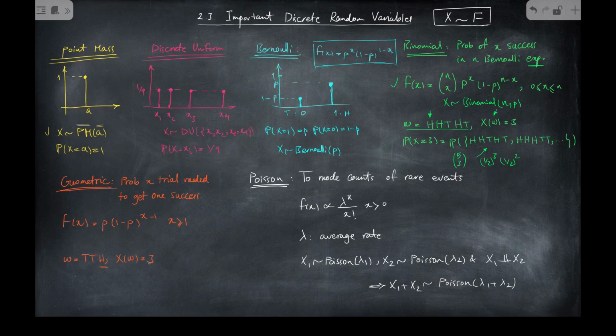Each string maps to exactly one random variable because after having a head as an outcome, you stop. So, for example, this corresponds to 2, and so forth. So you see that for any x, you need x minus 1 failures and then 1 success. We say that x is geometrically distributed with parameter p, which is the success probability.